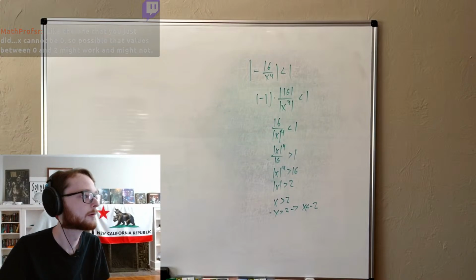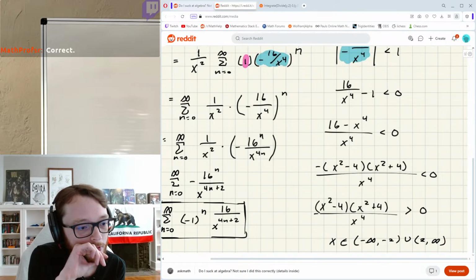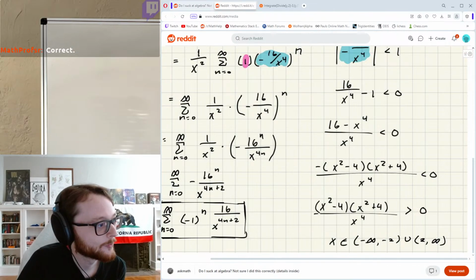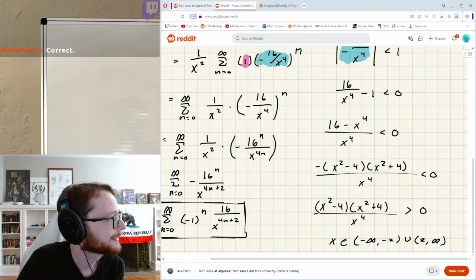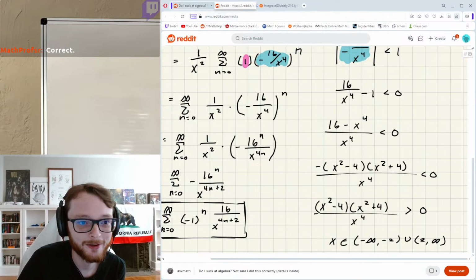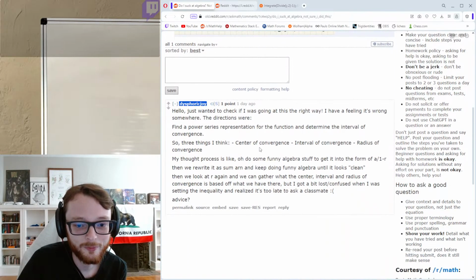Okay. I guess that's a cleaner way that avoids issues I was running into with square rooting negatives, or I guess fourth rooting negatives. So what was there? Do some funny algebra to get in the form, right?